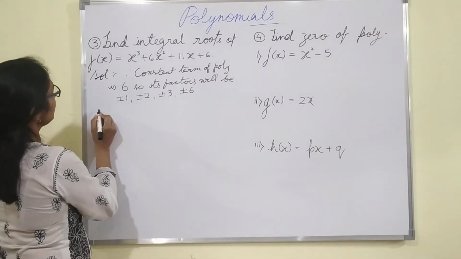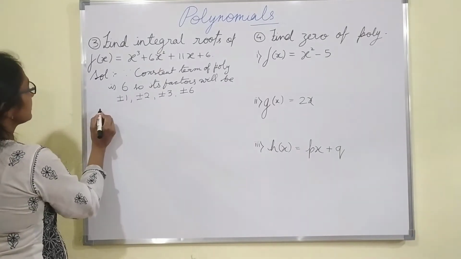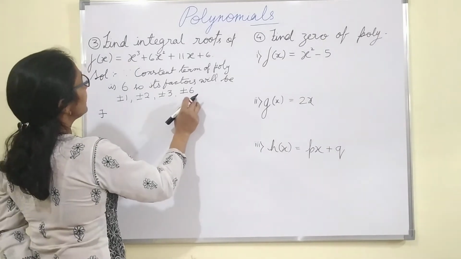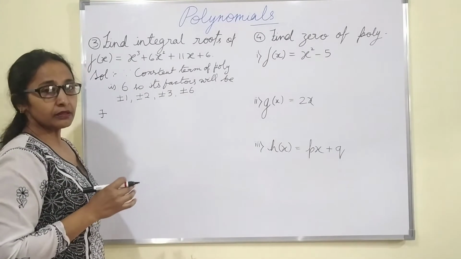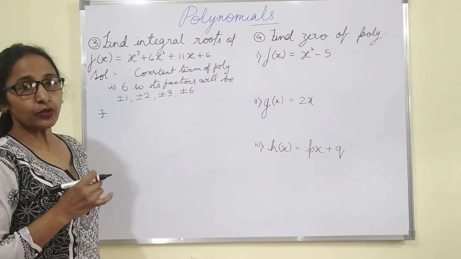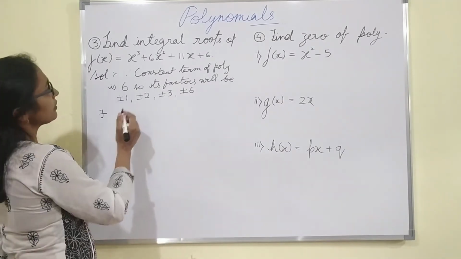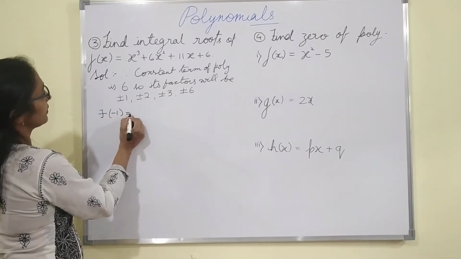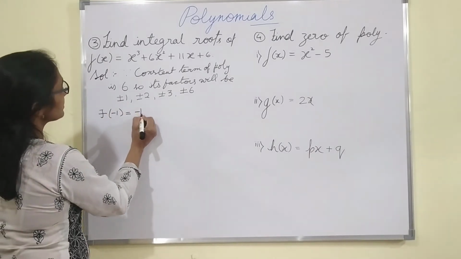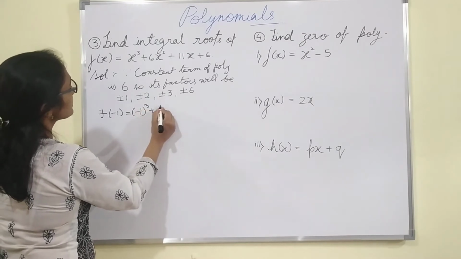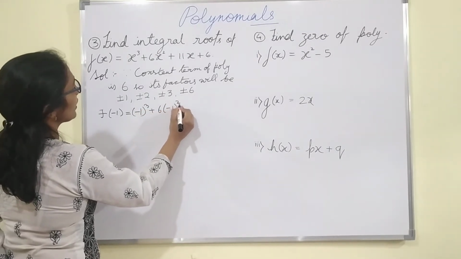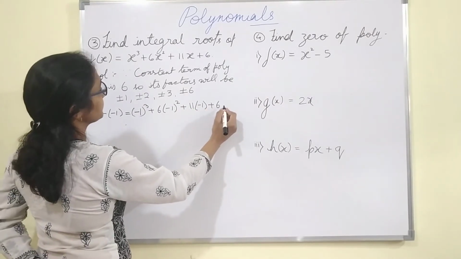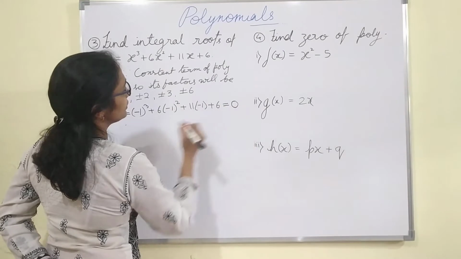Now we will take values of x from here in such a way as to make the answer 0, to find the zeros or roots of the polynomial. First I am taking −1: (−1)³ + 6(−1)² + 11(−1) + 6 = 0.